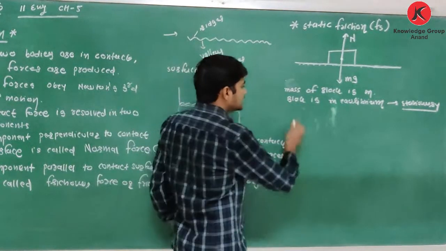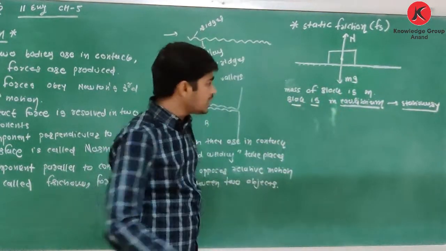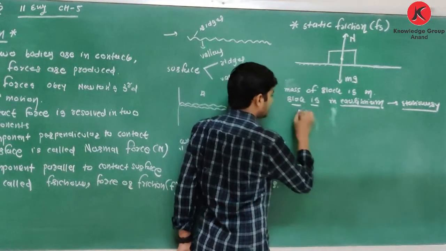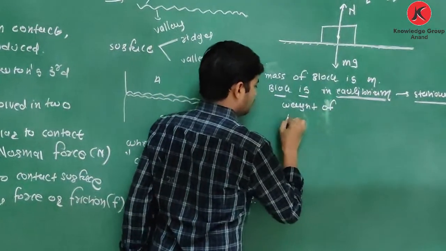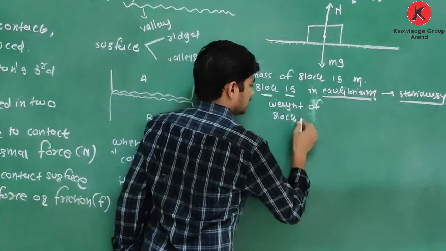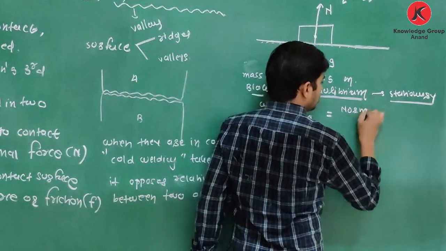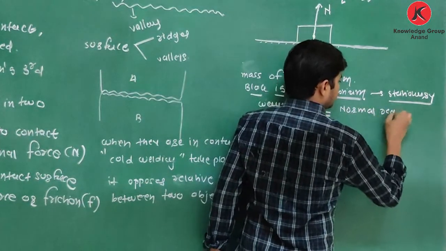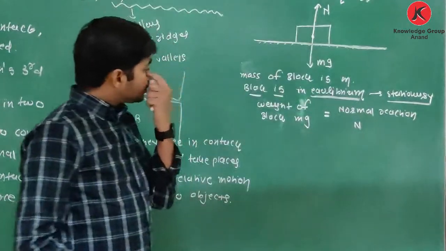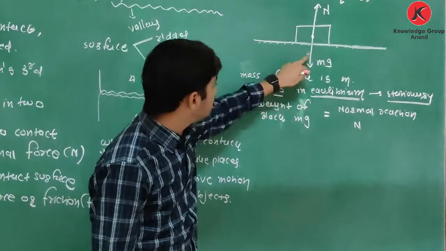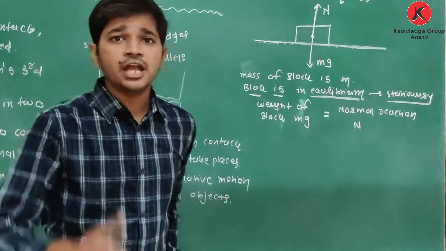As the block is in equilibrium condition, it is stationary. So I can write the weight of the block, mg, is equal to the normal reaction. They both have the same magnitude and opposite direction.